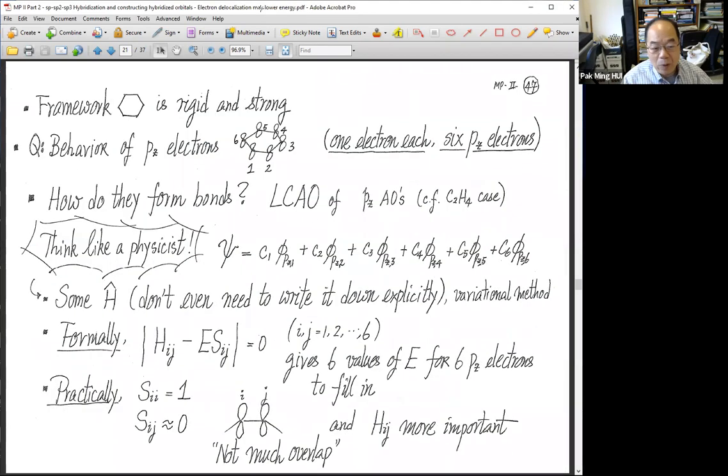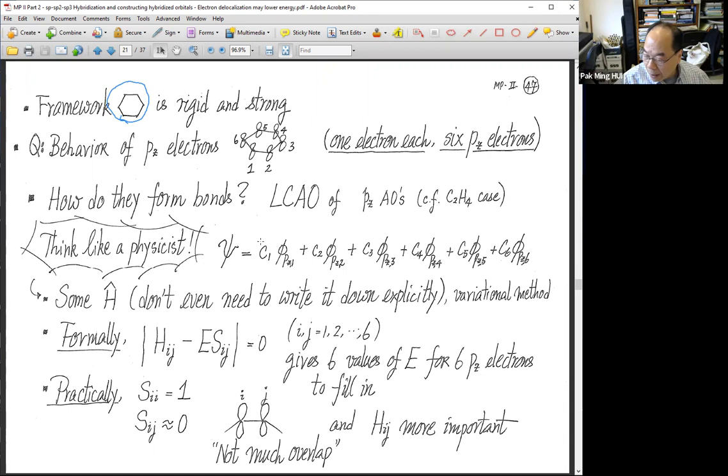So again, we will exercise, think like a physicist. We don't want to derive anything anymore. We assume this skeleton is already formed by sp2 hybridized orbitals, overlap of that. So we don't worry about it. It exists.